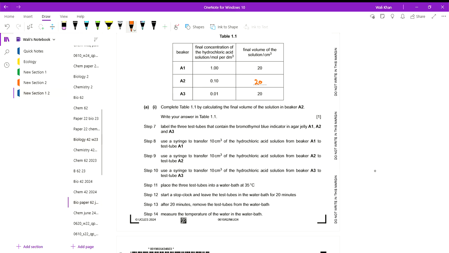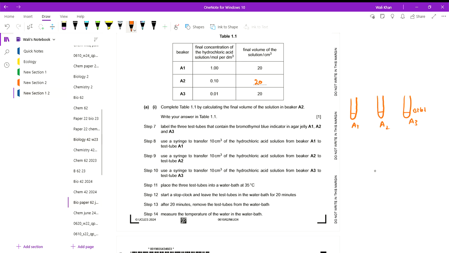So we take 3 test tubes, and they have bromothymol blue indicator.